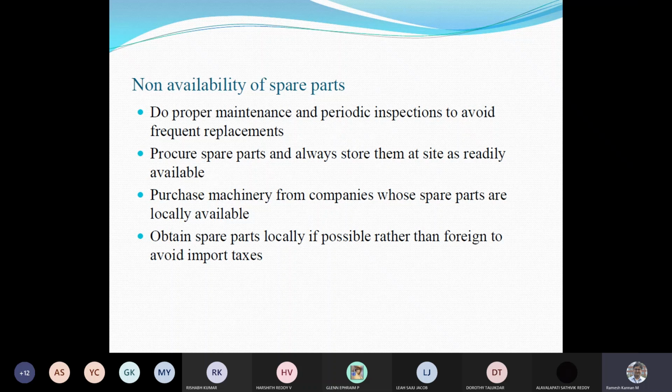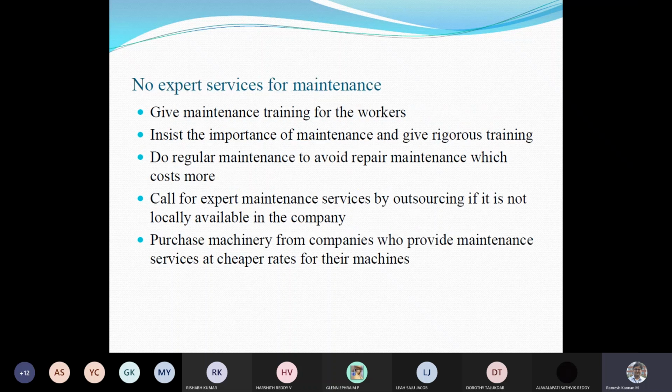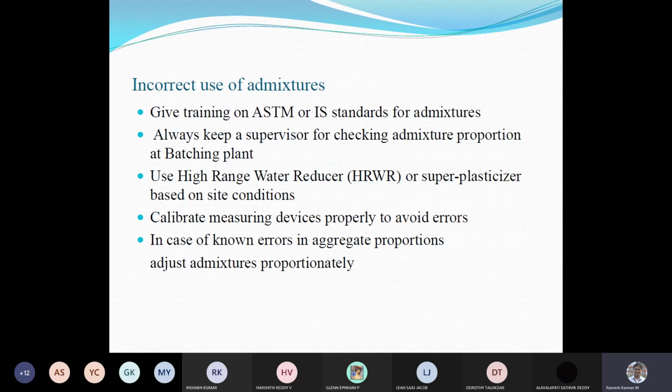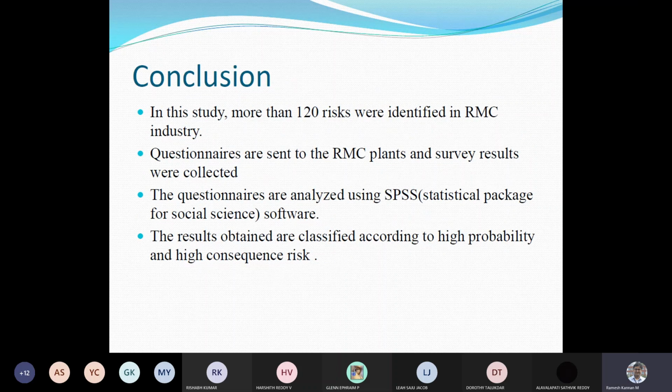Without this, it'll be a huge risk for them, right? And expert service for maintenance should be given. Expert's opinion: that's why there's something called a quality inspector and quality assurance inspector, whose job is to make sure that there isn't any severe risk popping up during the processes, something like that.